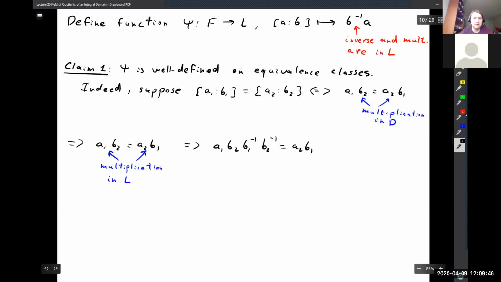This is the same as A1 B1 inverse equals A2 B2 inverse times B1 B1 inverse B2 inverse, and this is all multiplication and inverses in L.